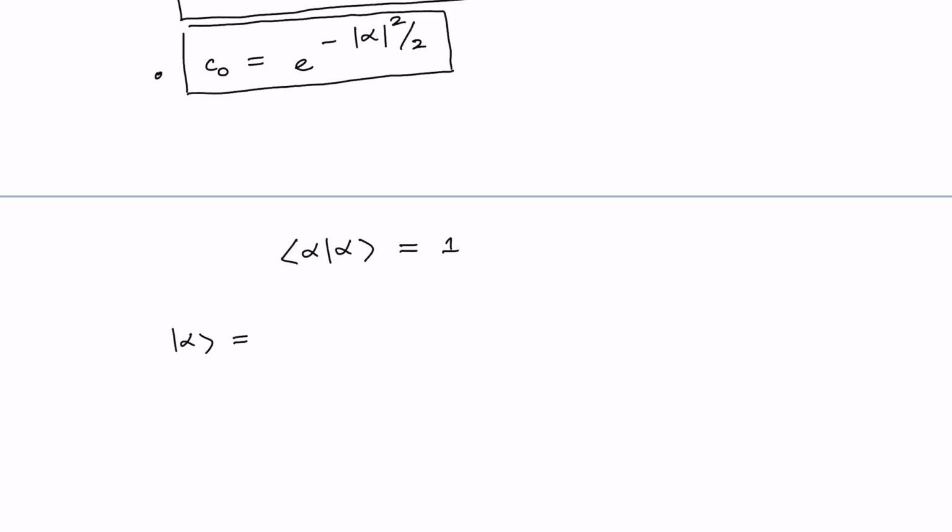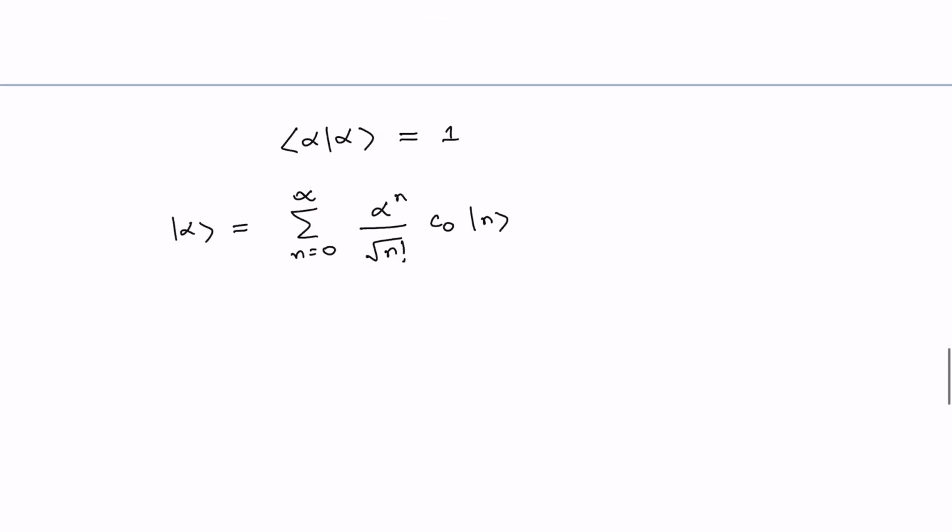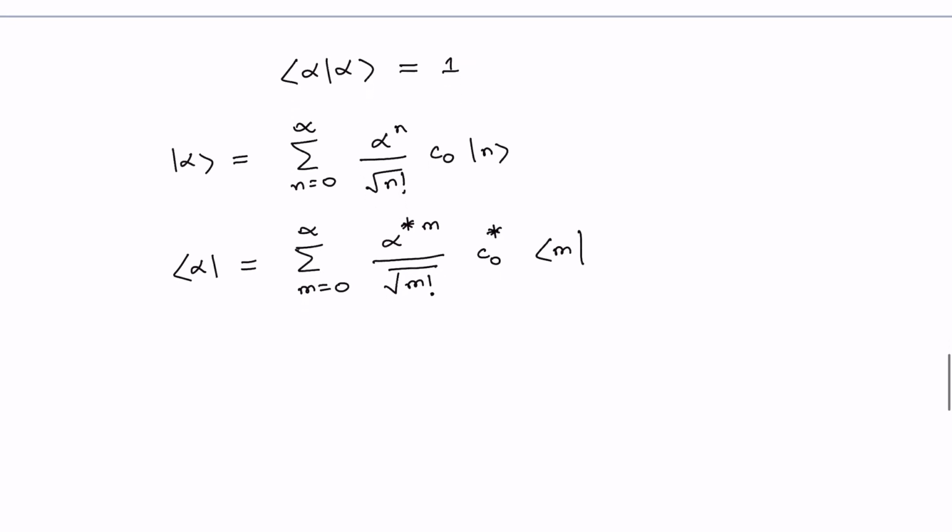Ket alpha is equal to the summation over n of alpha to the power n divided by square root of n factorial, C0, ket n. So this bra alpha I can write, let me put another index, say m equal to 0 to infinity, then it would be alpha star to the power m divided by square root of m factorial, and here I am going to have C0 star, and this would be bra m.